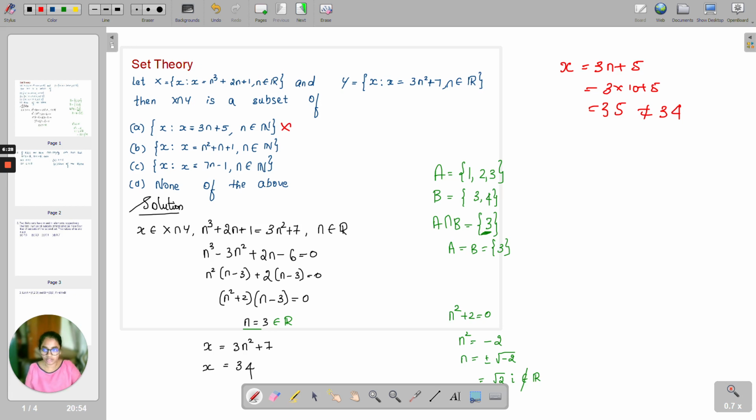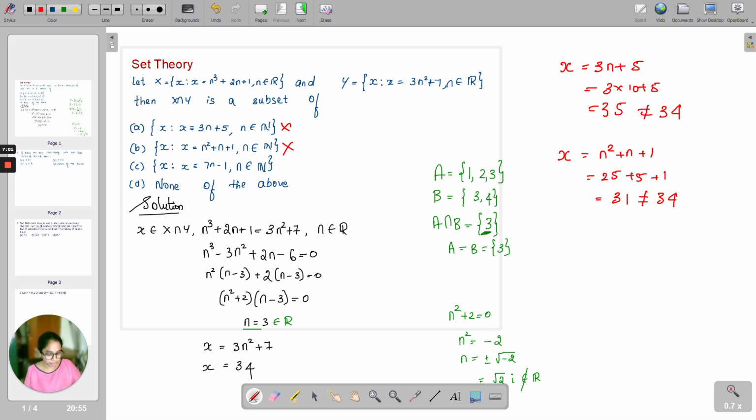Let me take B, that is x is equal to n square plus n plus 1. Let me give the value 5. I would get 25 plus 5 plus 1, which is 31. Is this equal to 34? No, right? So let me discard option B.